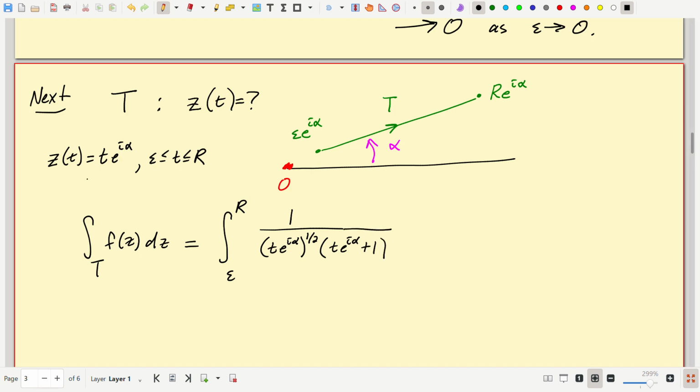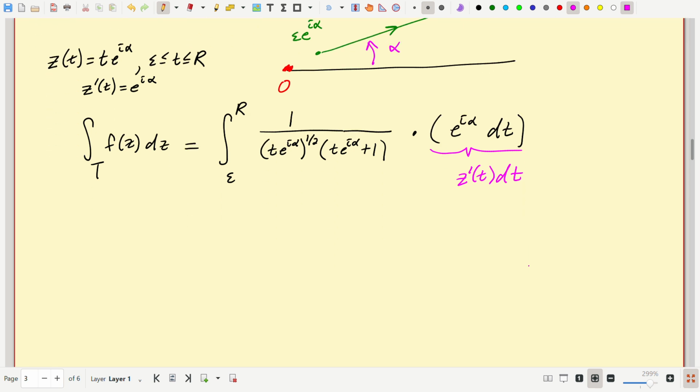And if I have this z prime, then my z prime of t here is e to the I alpha. So my z prime of t dt would be e to the I alpha dt. This is z prime of t dt in the definition of the complex integral.